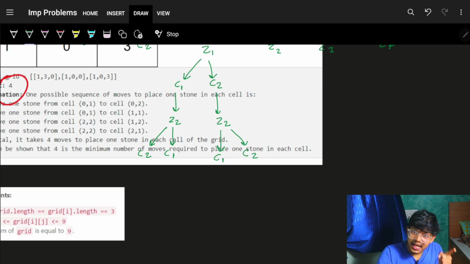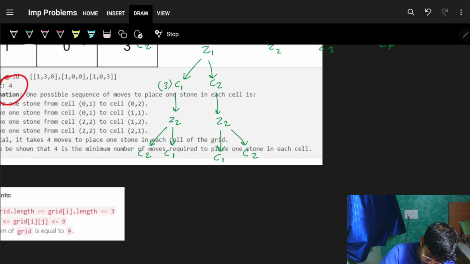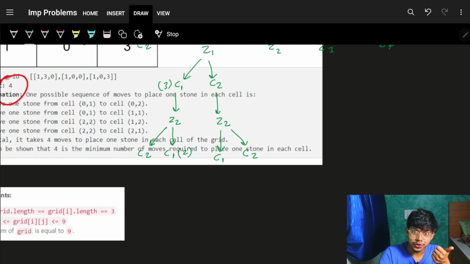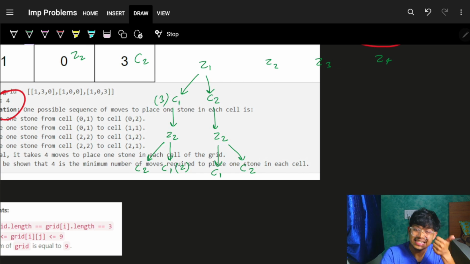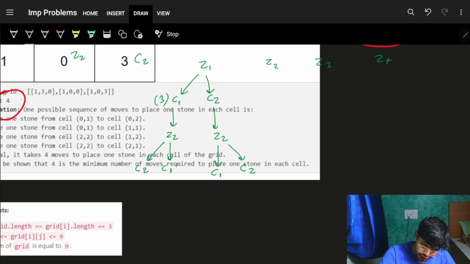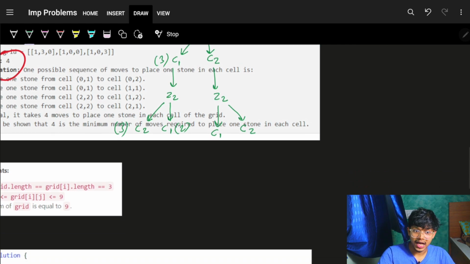Z2 can still take from C1 and it can also take from C2, because here C1 was 3, and when C1 is used, it is reduced to 2. Now 2 are here, 1 Z2 will use. Again, for C2, here are 3 options.